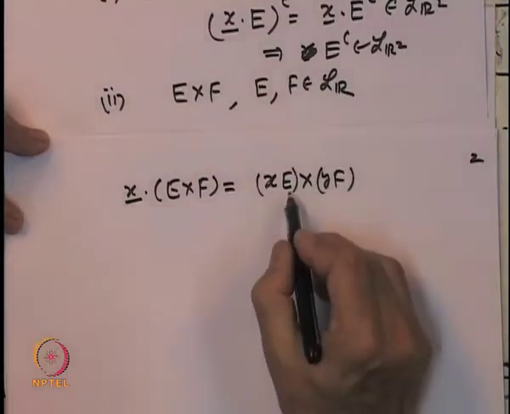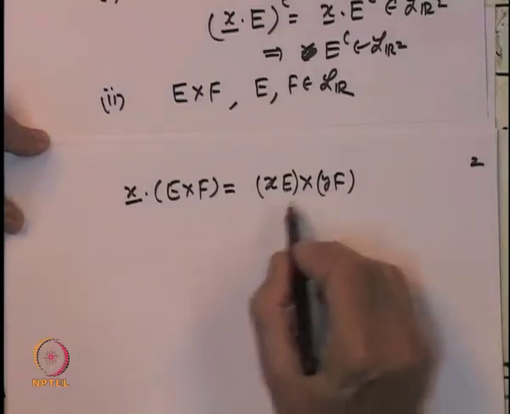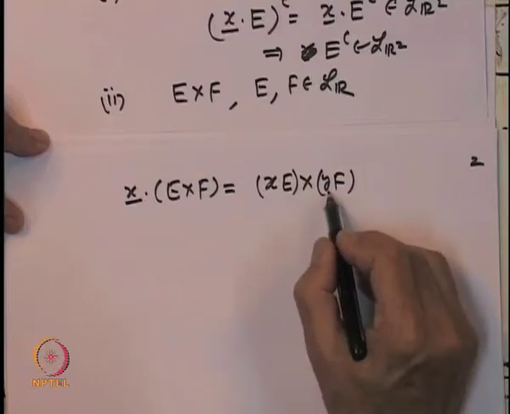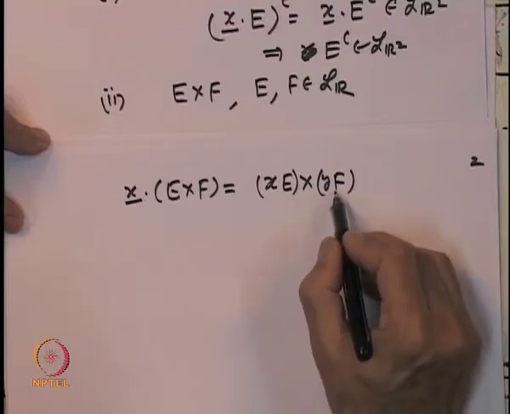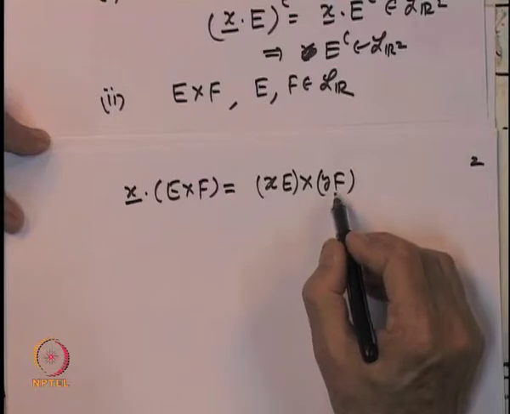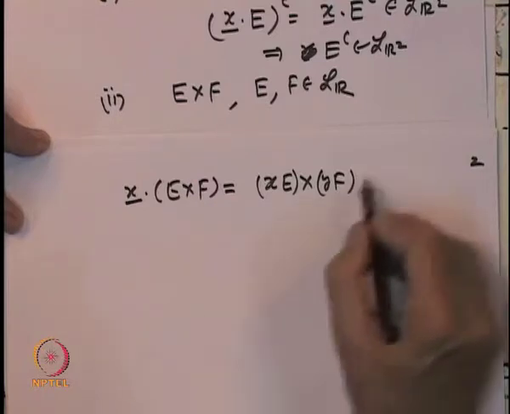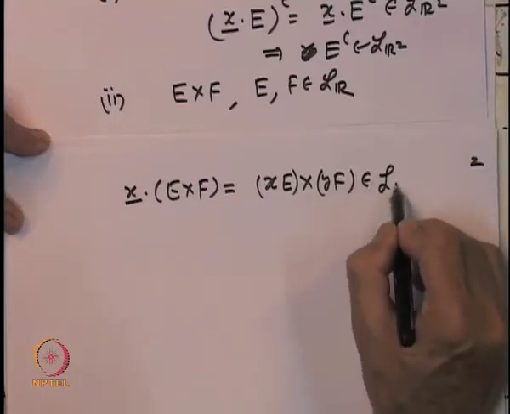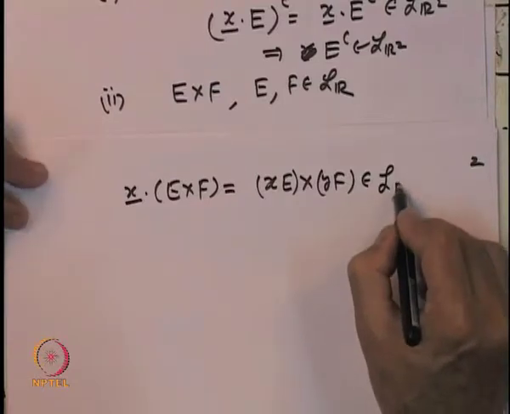And now, if x is a Lebesgue measurable set, we know that x dot E is a Lebesgue measurable set, and y times F also is a Lebesgue measurable set in the real line. So, this means this belongs to L of R. This is a set in L of R 2.